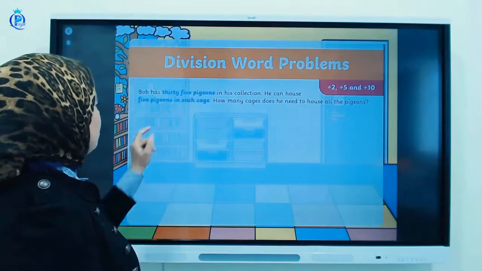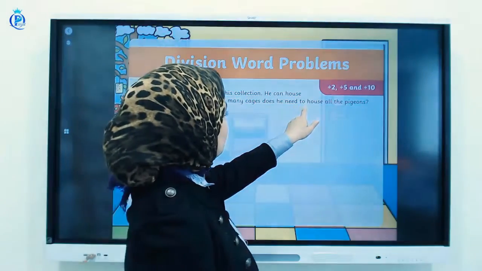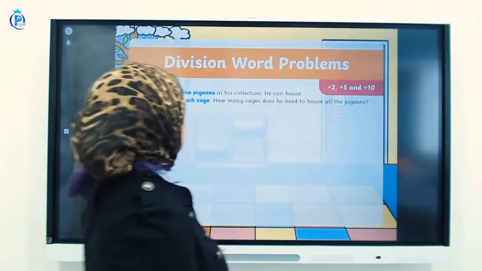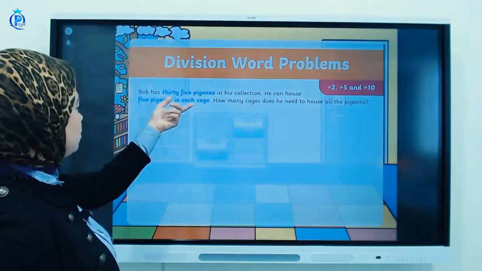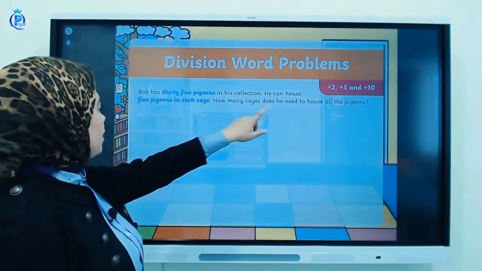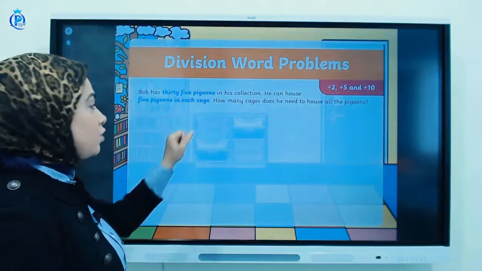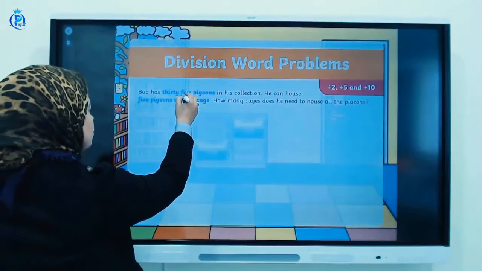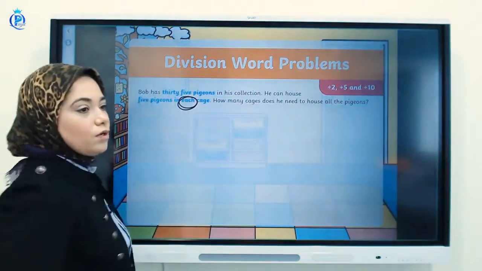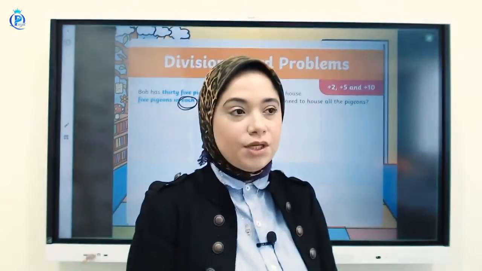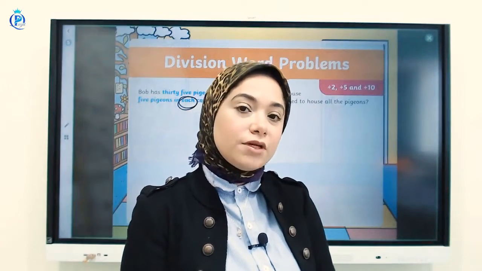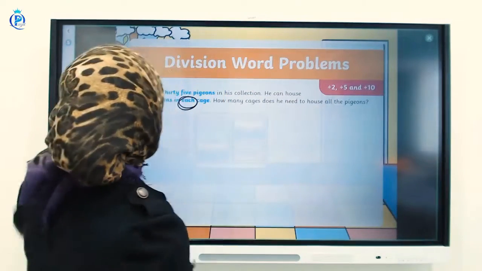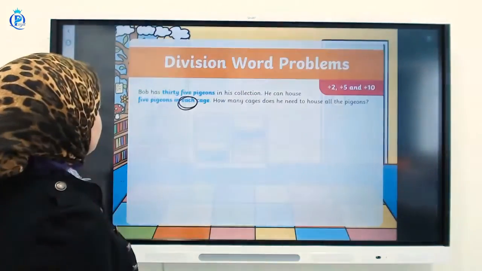How many cages does he need to house all the bunnies? Each. What does each mean? Will it be division or multiplication? Let's see.